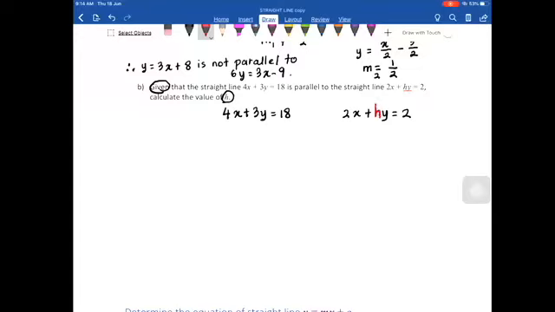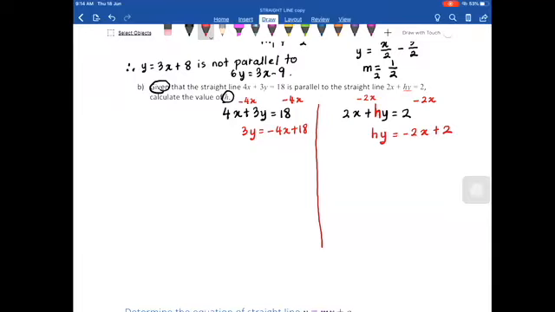Okay. So sekarang kita kena tukar bentuk dia. Nilai y. Okay, so teacher bagikan kepada 2. So saya pindahkan my 4x. So 3y equals to negative 4x plus 18. Okay. Sebelah sini pun saya tukar kedudukan dia. Okay.